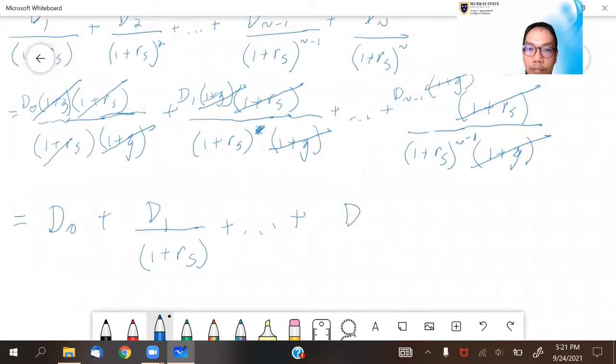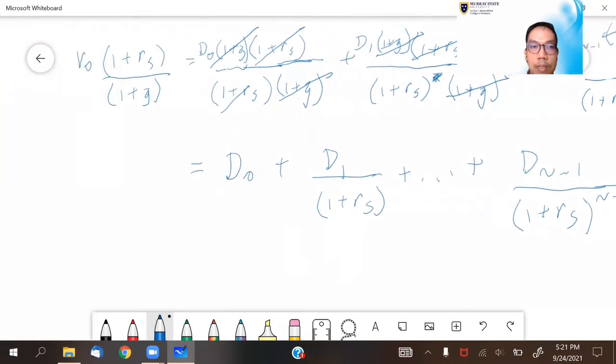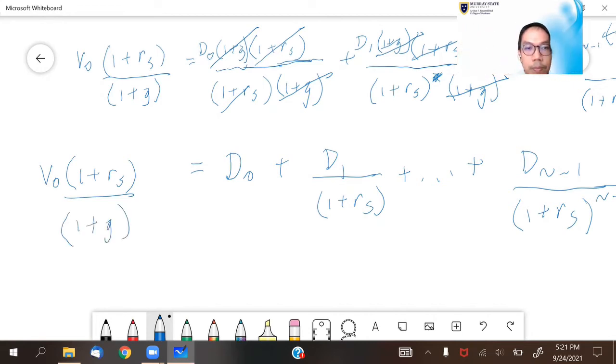Dividend infinity minus 1 divided by 1 plus required return by stockholders to the power of infinity minus 1. Okay. And this is what? V0 multiplied by 1 plus required return by stockholders, divided by 1 plus growth rate.